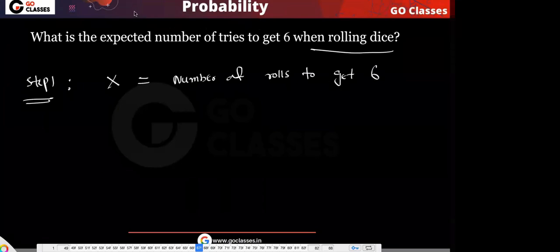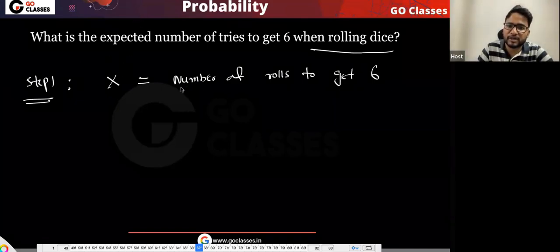Whatever they ask, just make a random variable X equal to that thing. If they are asking expectation of number of tries to get 6, then X equals number of tries to get 6, and then finally your final answer will be expectation of X.